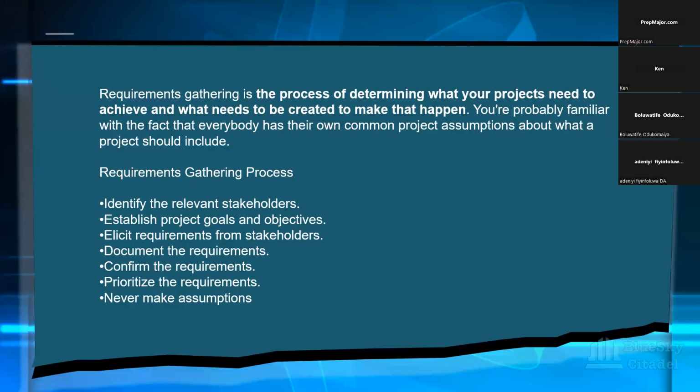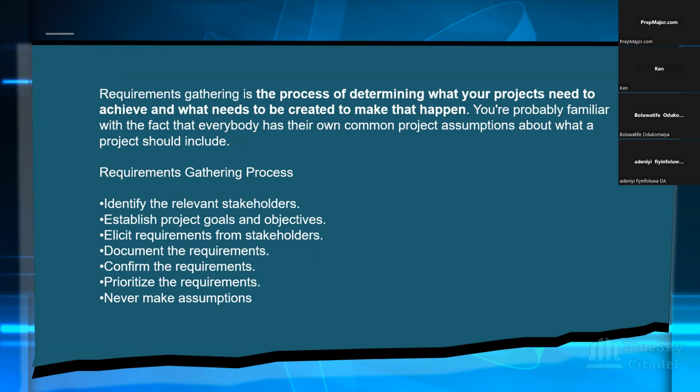Yes, so what's requirement gathering or elicitation? So anytime you see elicitation, requirement elicitation is the same as requirement gathering. In simple terms, it's requirement gathering, but in the fancy BA terms, it's called elicitation. So just in case you hear that word thrown around, don't get confused.